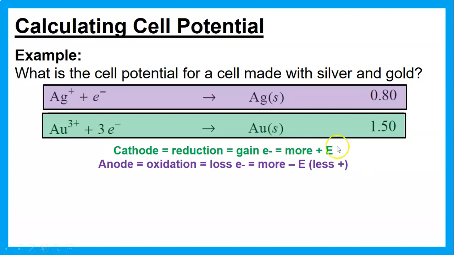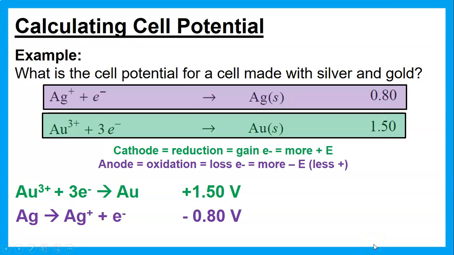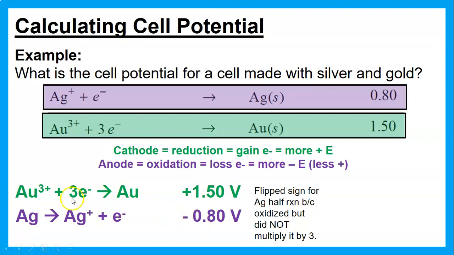So what we're going to do is take the ones the way they're written on the table. We're going to have our gold needing to gain electrons just like it's written, but the silver is going to be flipped. And if I flip the reaction, I need to flip the sign. I do not care that this has 3 electrons and this has 1.